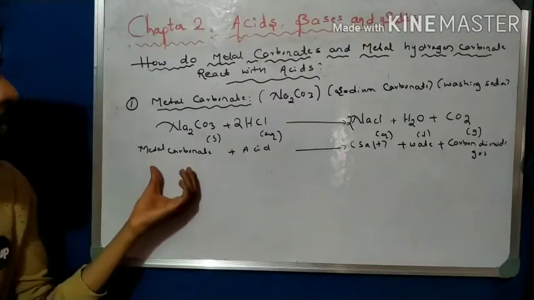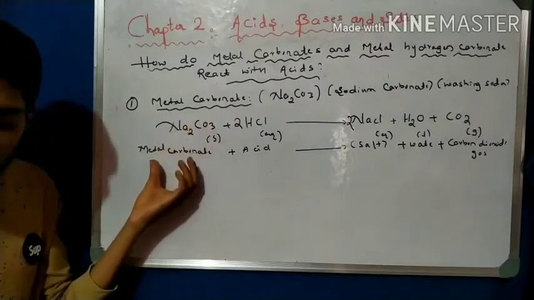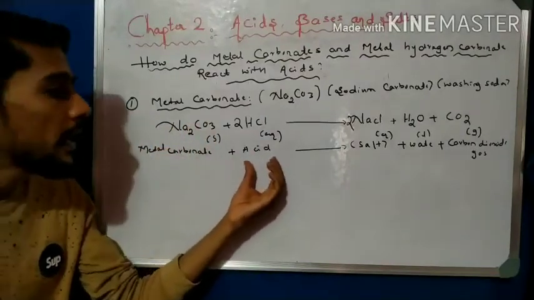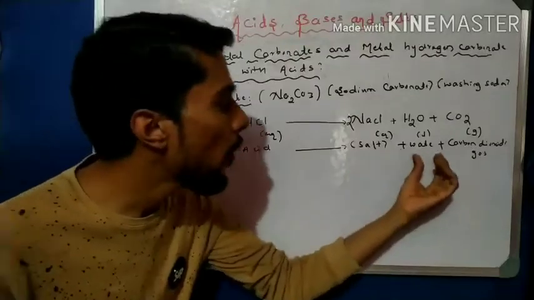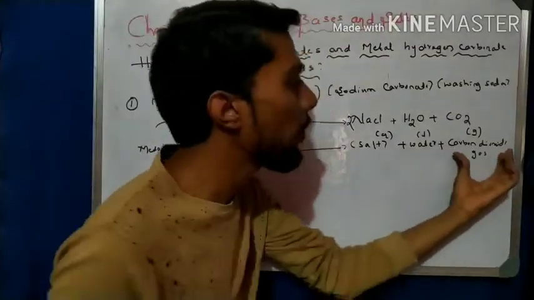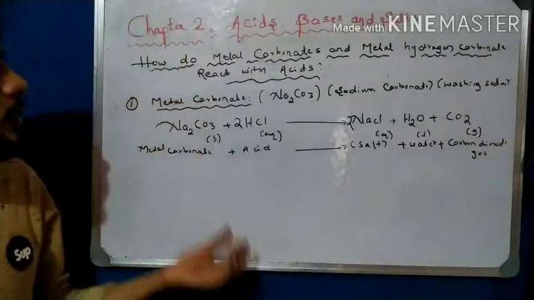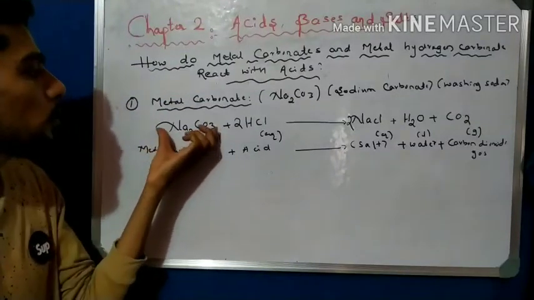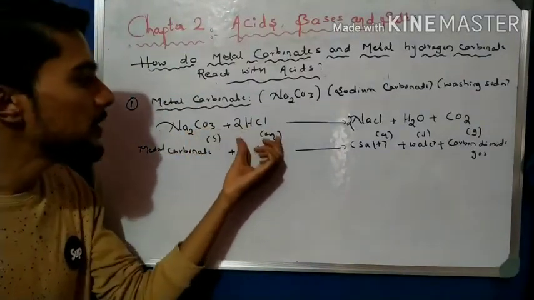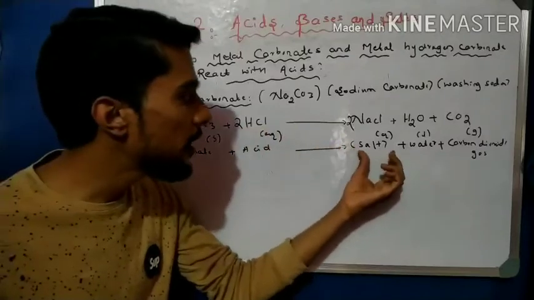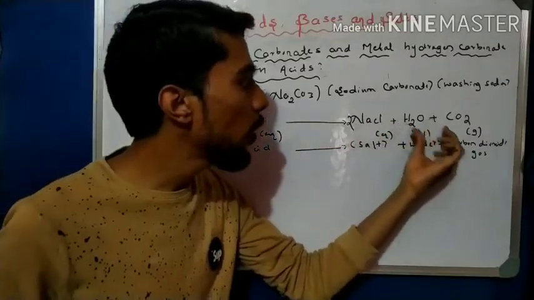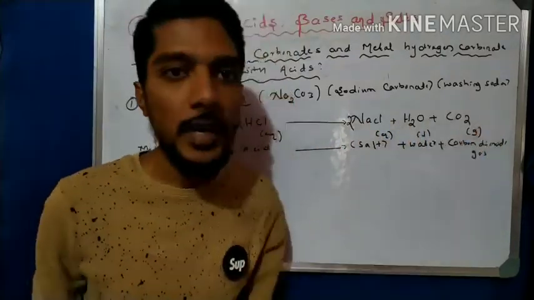Take the example of sodium carbonate. When a metal carbonate reacts with an acid, we get salt, water and carbon dioxide gas. Here the example of metal carbonate is sodium carbonate, the acid taken is HCl. So what happens? The salt is NaCl, water is H2O, and carbon dioxide gas is liberated.